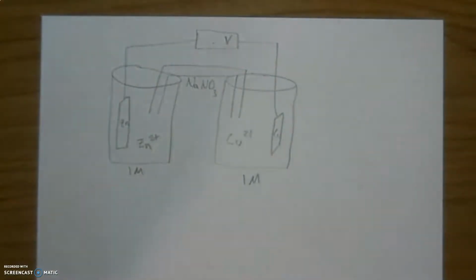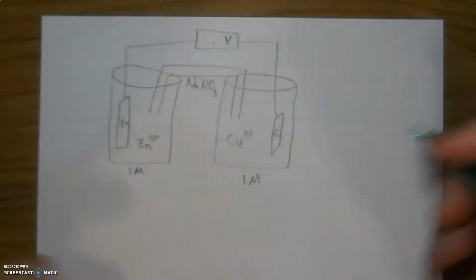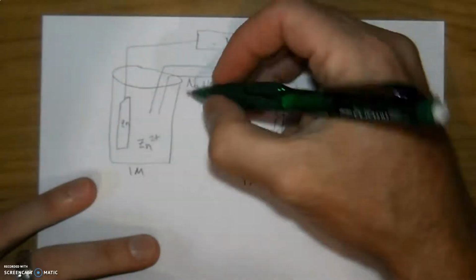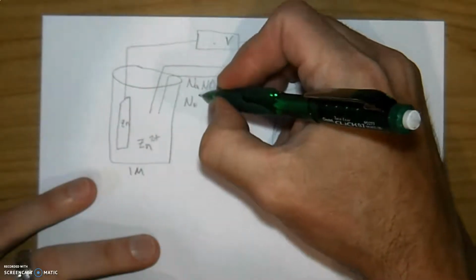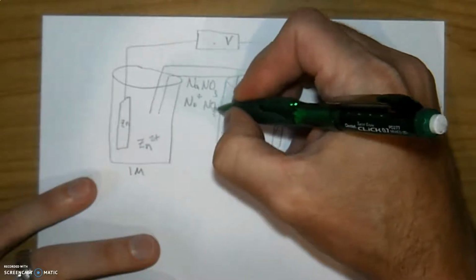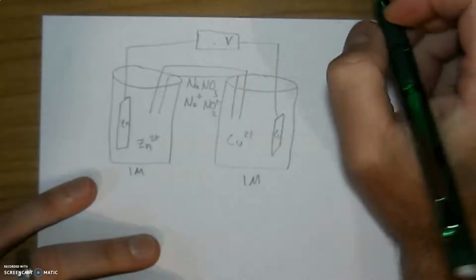Now you may remember what we talked about before in regards to reactions: group 1 metals don't react well at all with anything. They're in solution, they just hang out there and do nothing. Group 1 sodium ions, so remember that, Na+1. And then nitrate is NO3-1. Nitrates also don't react well.